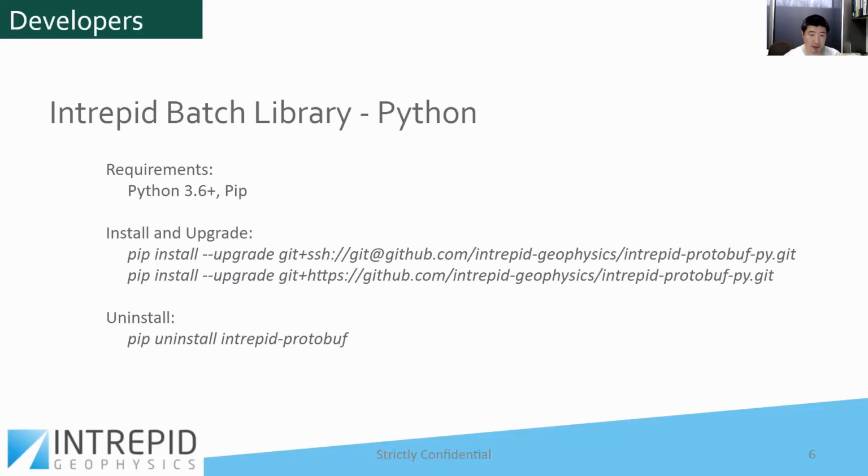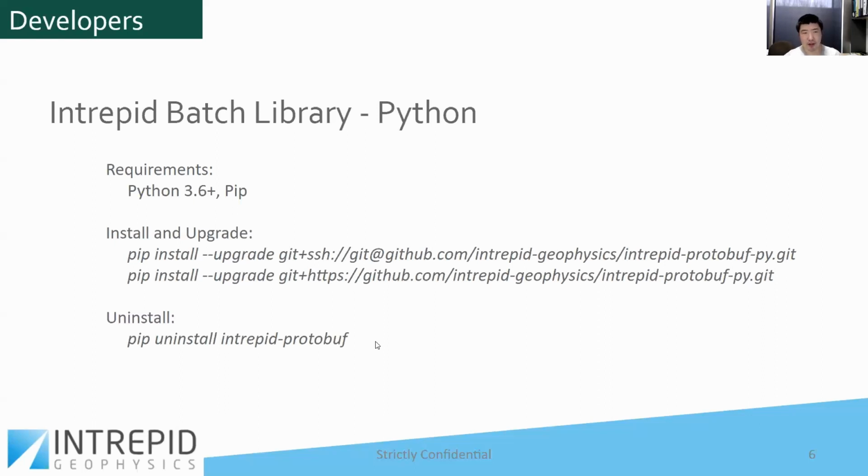Using pip is easy, just basic Python stuff. You can uninstall the Intrepid Protobuf anytime you want. During pip installation, it'll pull in all the dependencies like the Google Protobuf libraries itself, which is not our invention, and some other dependencies. So it's a lot easier.